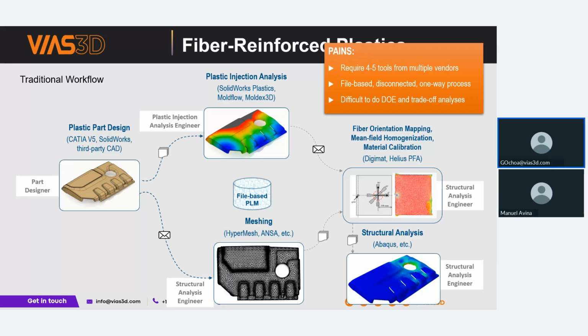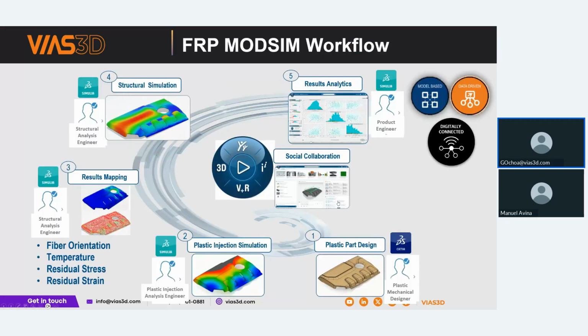So with the MODSIM approach, what we're looking at is a platform that is managing the data. So every user is working with the same data. We're not working anymore with files.